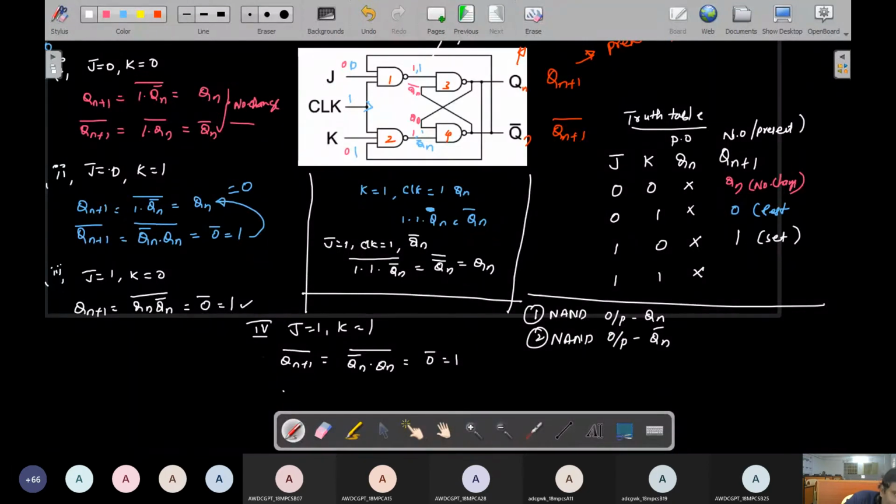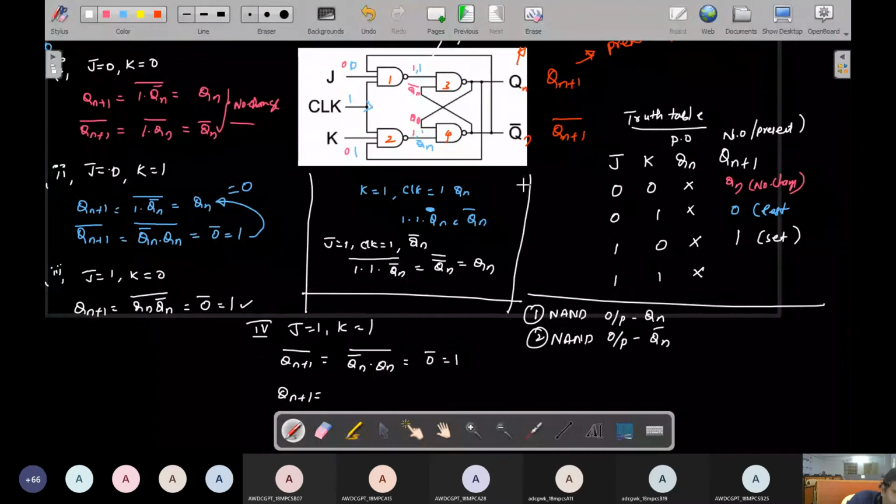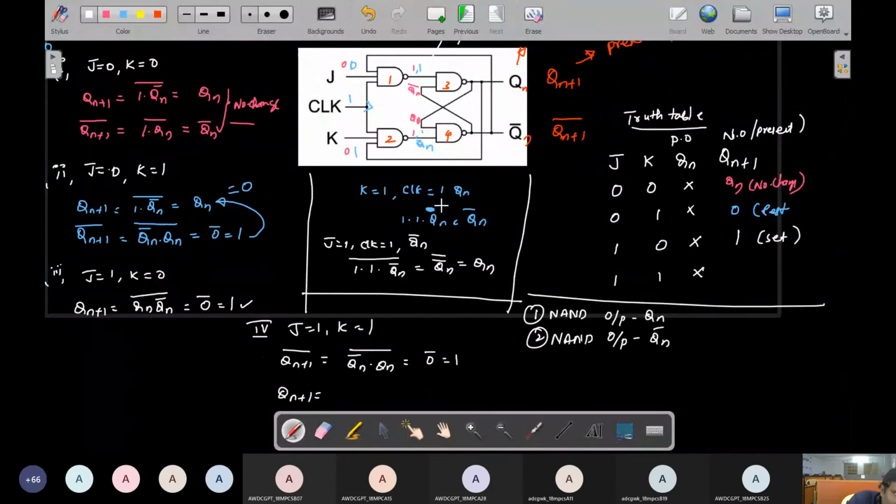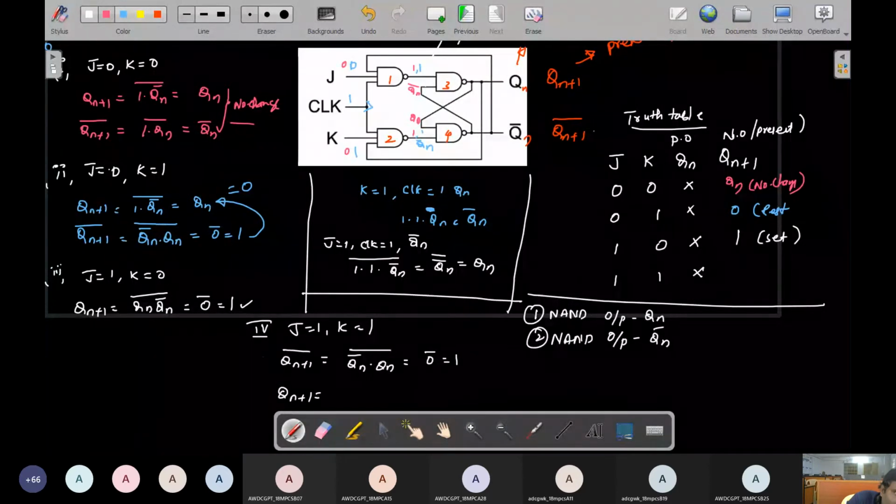Then check the normal port Qn plus 1. You will get the complementary port already 1, so Qn plus 1 whole bar will be 1. So please put that 1 here. You will get the complementary port is 1 now.